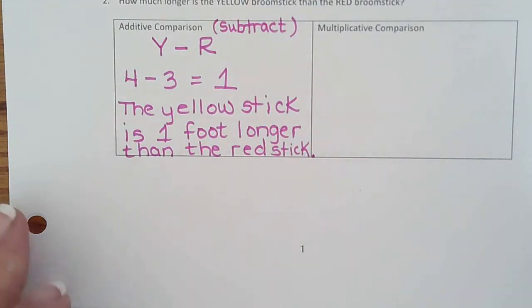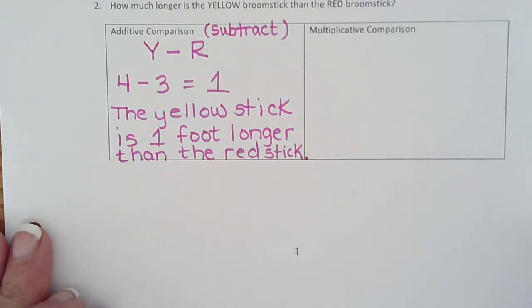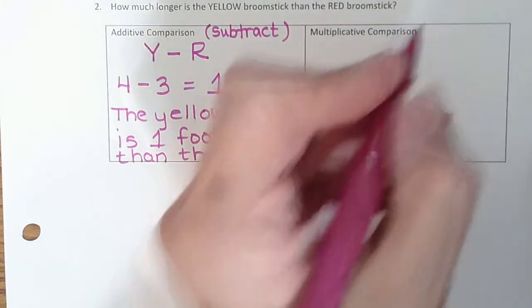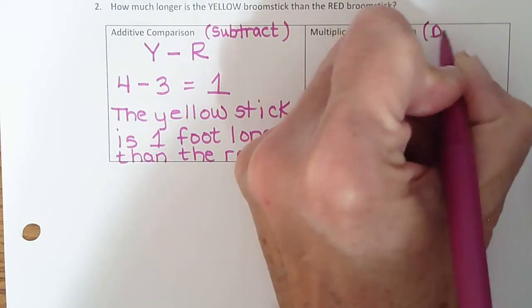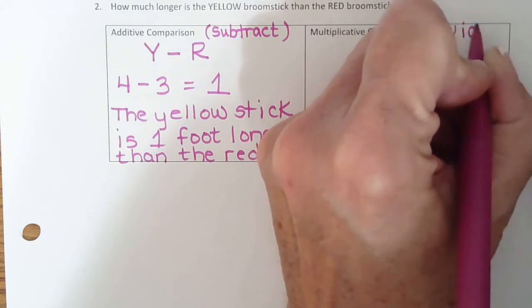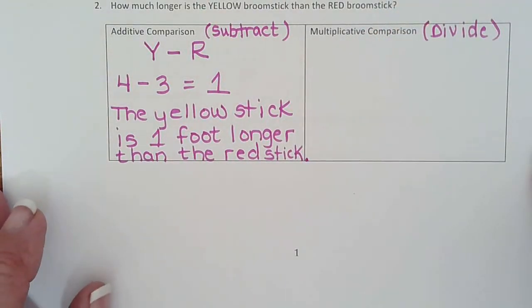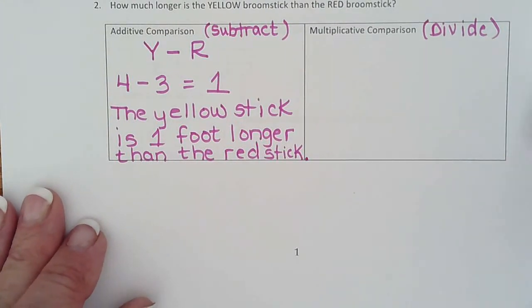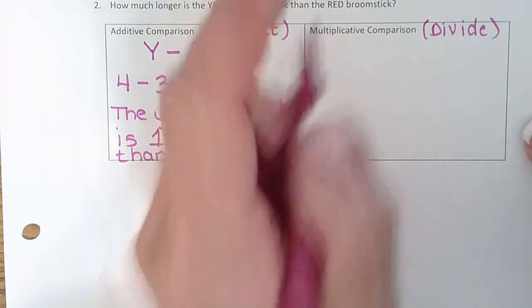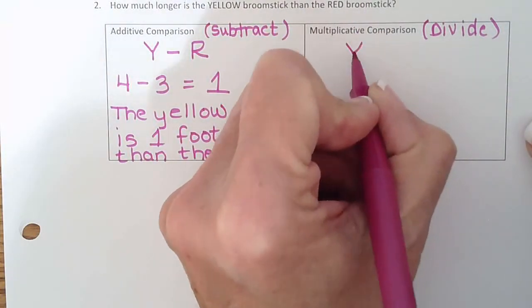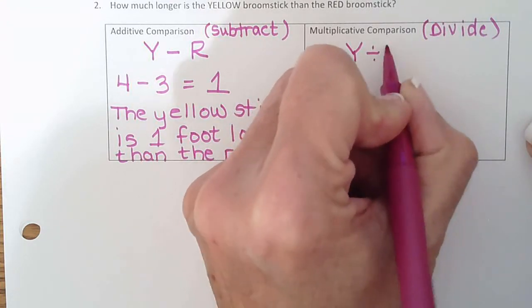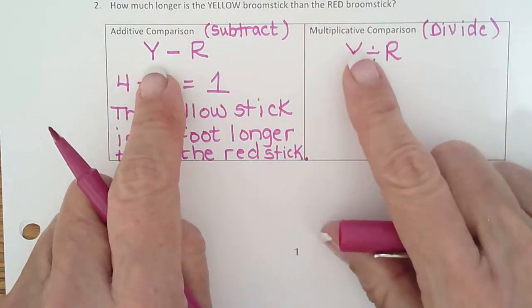Now let's use multiplicative reasoning and compare them. So remember, on multiplicative, and I always like to write my little reminders here, so when I'm looking back at this to study for the test, I have it right there in front of me. So for this one, we do yellow divided by red. Remember, we keep it in the same order.